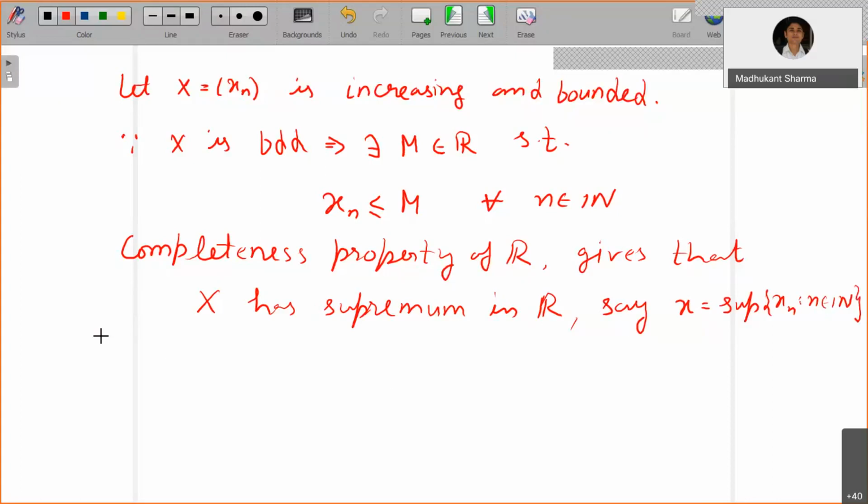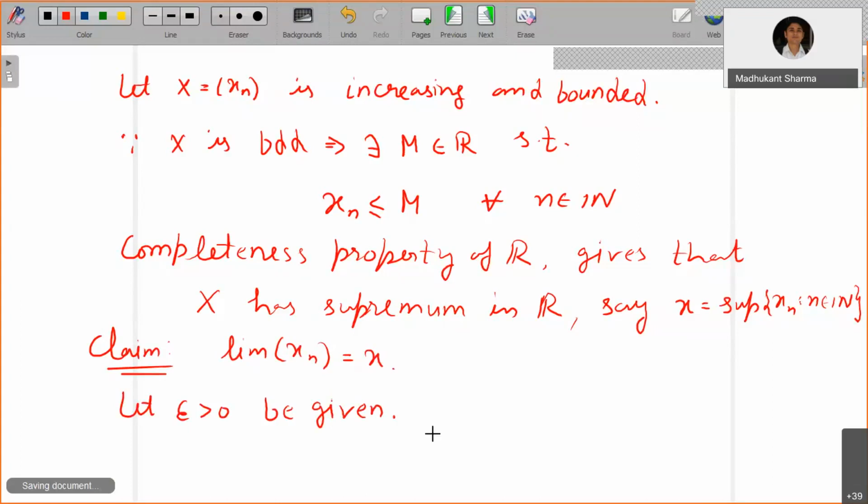Now our claim is that the limit of xn must be equal to X. So let's start: let epsilon greater than 0 be given. When you use the property of the supremum, then certainly X minus epsilon is no more an upper bound of the set.